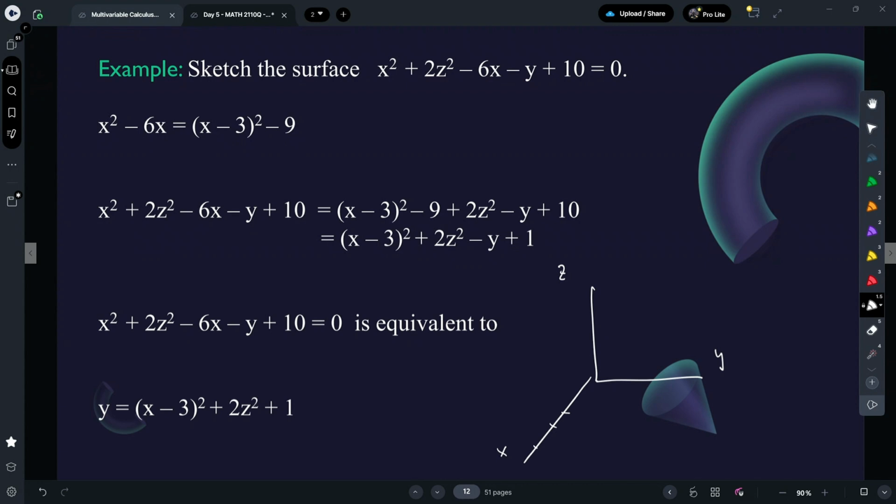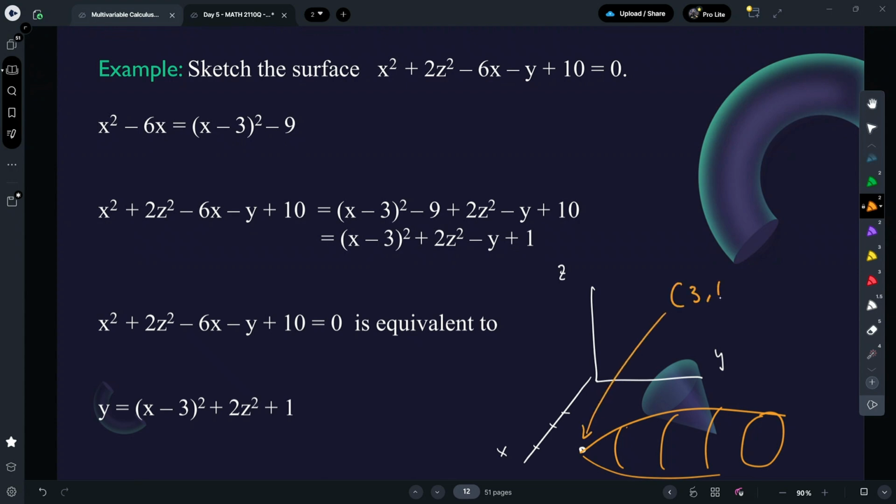So if I do 1, 2, 3, and 0, it's here, but plus 1, it all starts here. So eventually, it's going to be some hyperbolic paraboloid like that. You can do cross sections and do a better job of trying to understand what the graph is, but it's going to be a paraboloid starting from 3, 1, 0. So that point right here is 3, 1, 0.